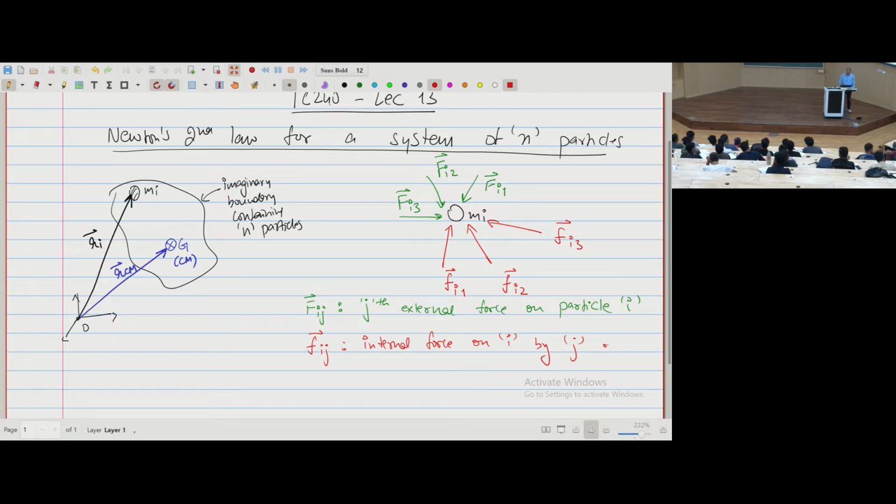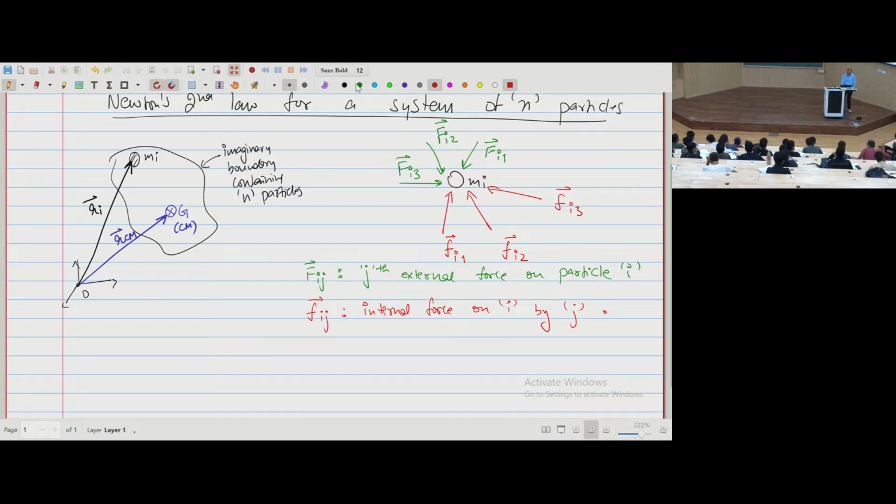When we apply Newton's second law for this particle, we add all the external forces acting on the ith particle.